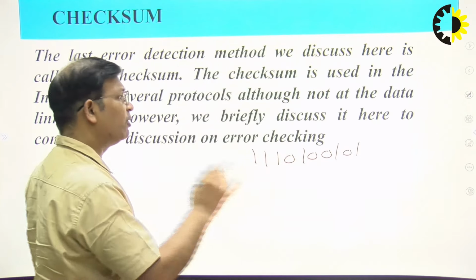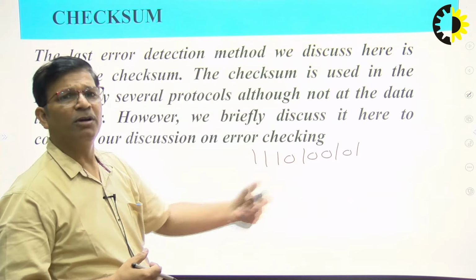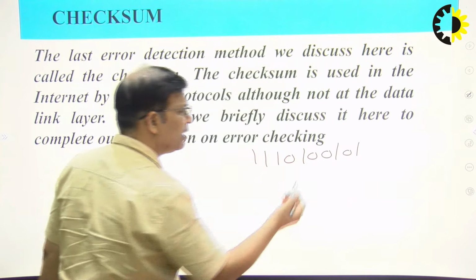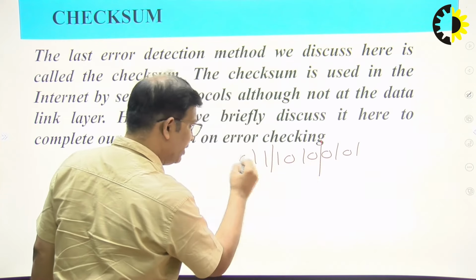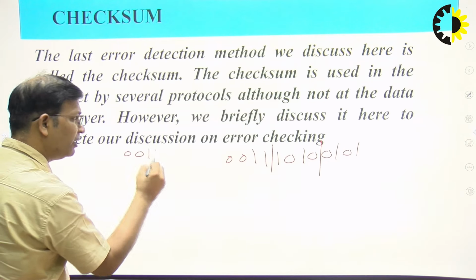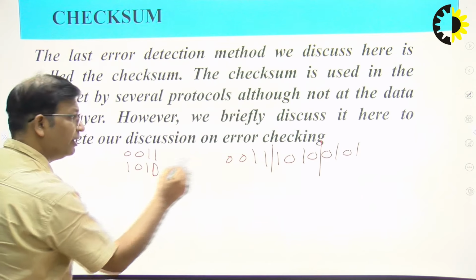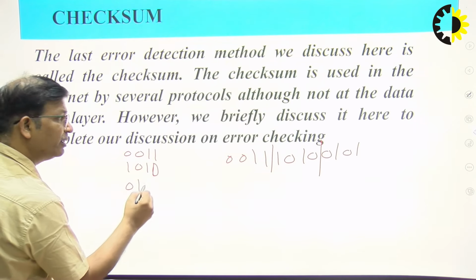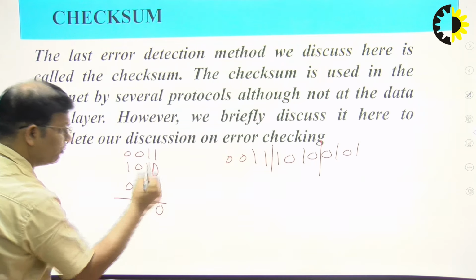You have to divide it into blocks of 4 bits or 8 bits. How many bits long is the checksum we need? Just for example, we are having 8 bits. So 4 and 4, to make it this one. So what we have to do: 0 0 1 1. Next 1 0 1 1. Sorry, 1 0. Next is 0 1 0 1. Add 1 or 1, 0, 1 carry.